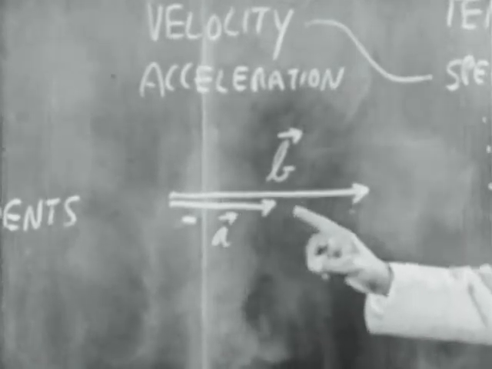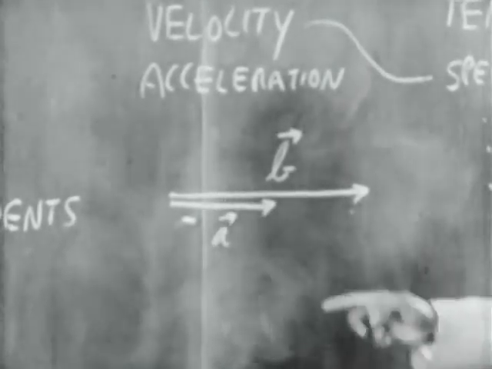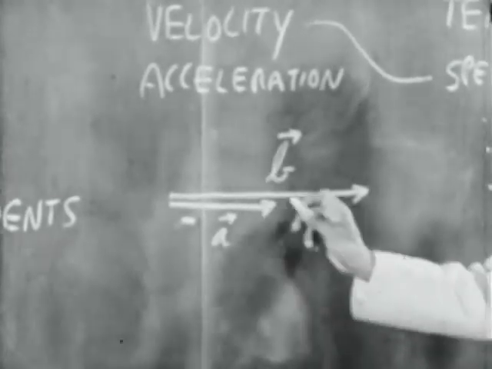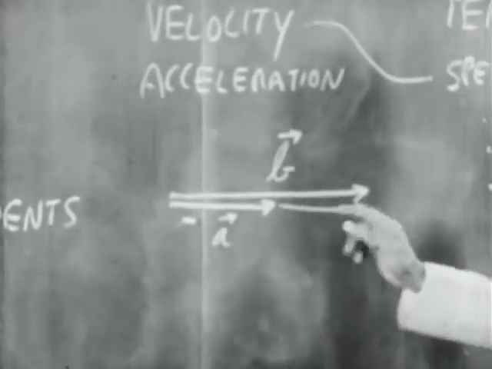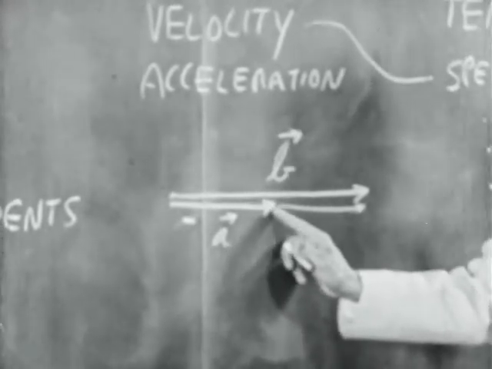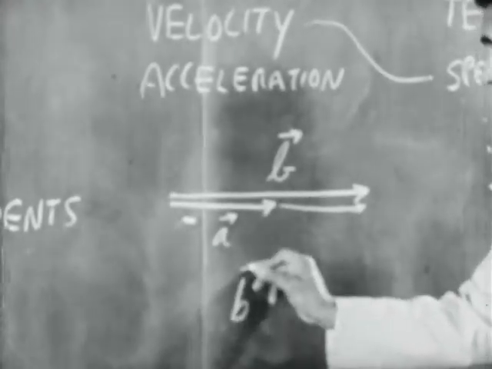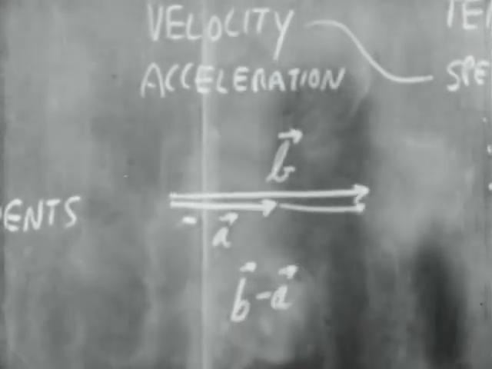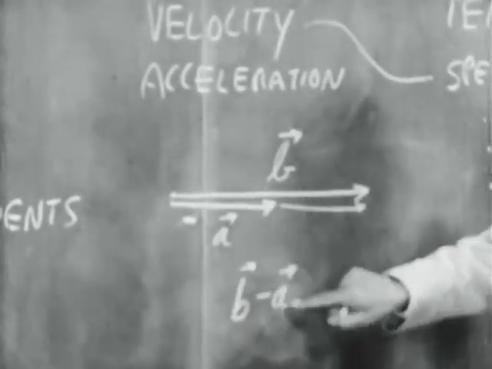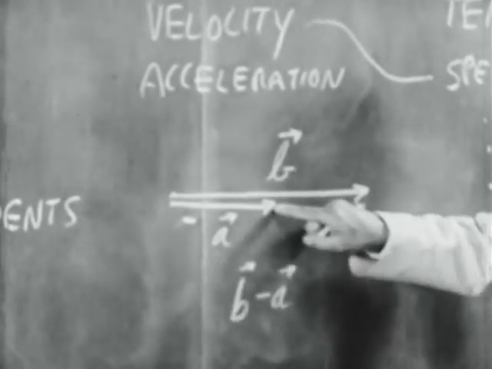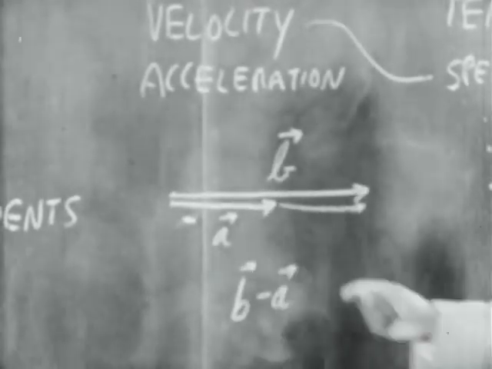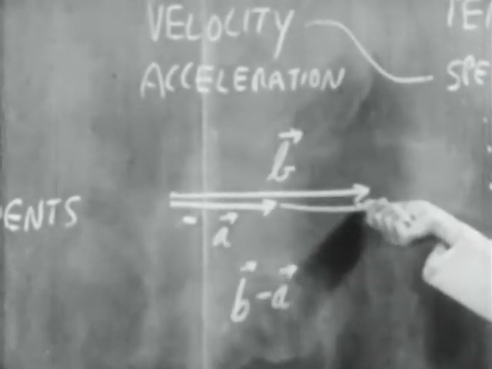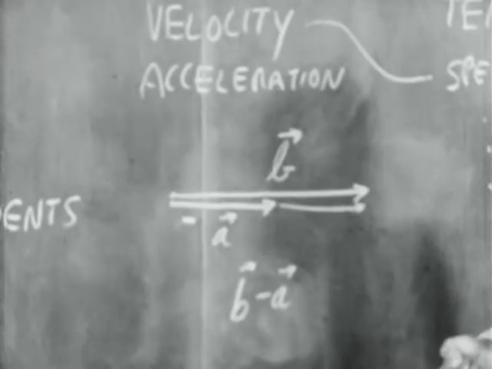I want to discuss the meaning of B minus A. Well, if they both go in the same direction, I think it's easy to visualize. Let me write down B minus A. The vector that goes from the second arrow to the first arrow. The vector that goes from the second one, the one that appears second in this statement, to the first. That will be my set of instructions.